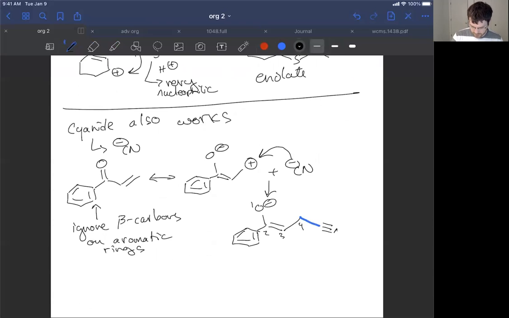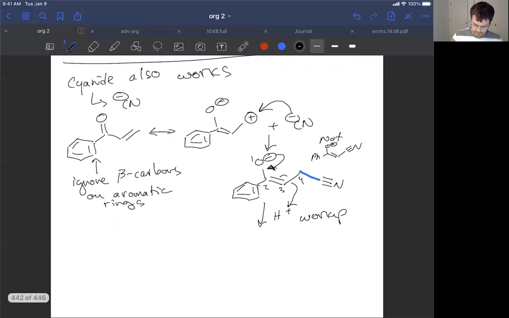Now, triple bond N. You can see with that triple bond in there, it's pretty easy to draw something like that where you lose a carbon atom, right? Okay, so that's the correct species, and then with H plus workup. And then add H plus to the alpha position and give rise to our neutral carbonyl.